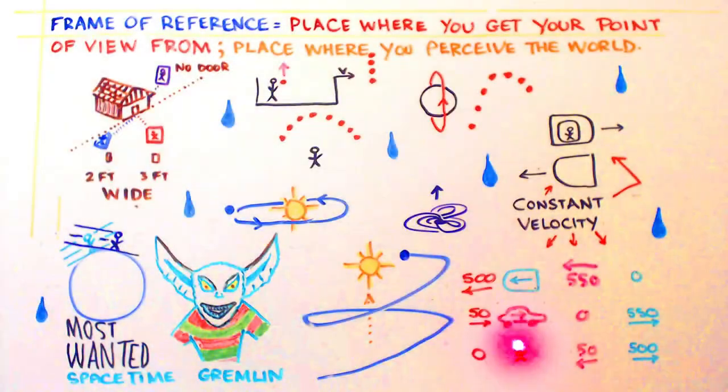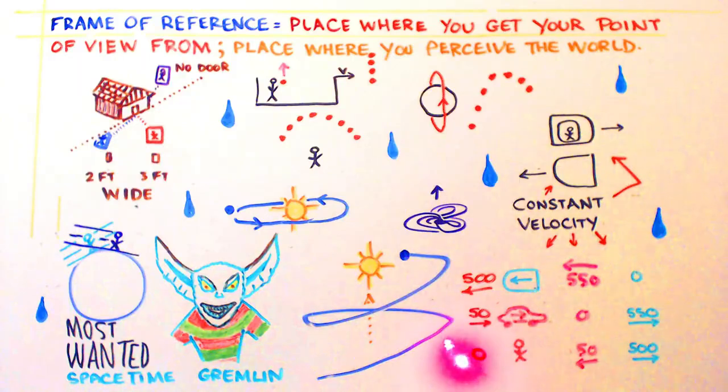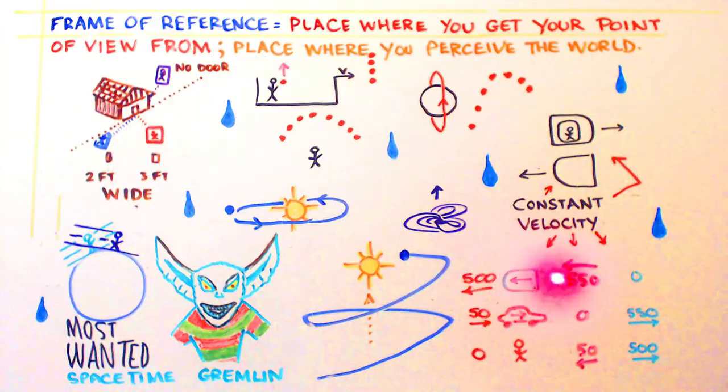So look over here. We've got a man standing here at 0 miles an hour. We've got a 50-mile-an-hour car going to the right, and we've got a spaceship, no rockets on, so these are all constant velocity, moving at 500 miles an hour this way to the left. This is what the man perceives from his frame of reference. Standing here, he sees the car going 50 miles an hour to the right, and a spaceship 500 miles an hour to the left.